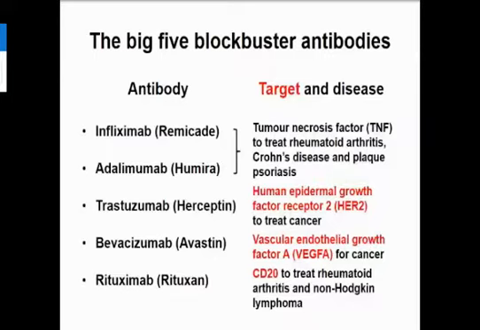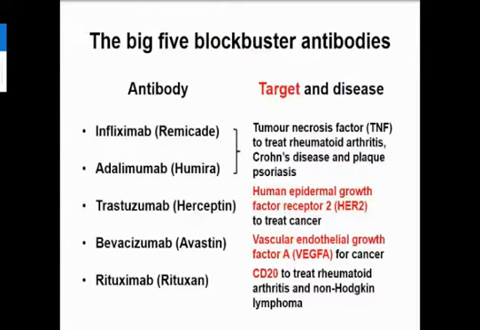This is an inflammatory disease of the skin, and you get these nasty scaly patches. But antibodies to TNF-alpha have been shown to mop up the TNF, reduce the inflammation, and have been very important for treating these inflammatory diseases.